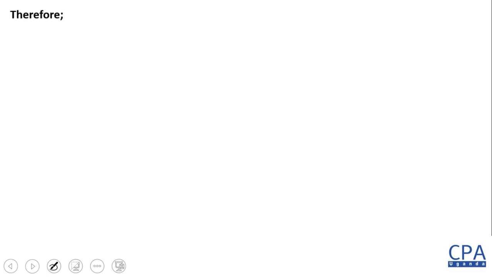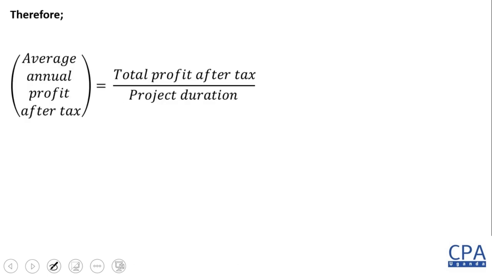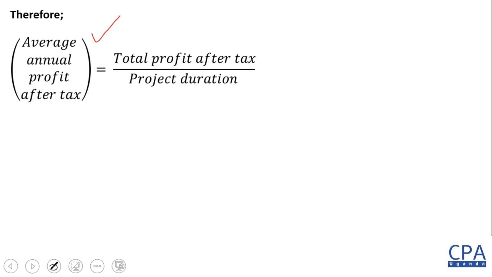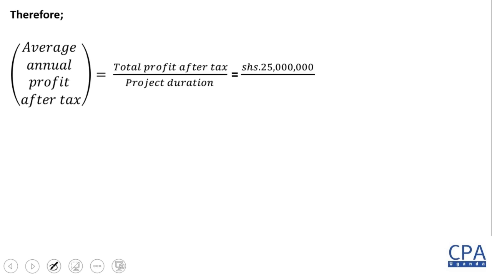I've got the total, now I need the average. In our previous discussion, we mentioned that the average annual profit after tax, we shall get the total profit after tax divided by the project duration. So substituting my figures, the profit after tax I've got is 25 million divided by the 4 years, which is the project duration.